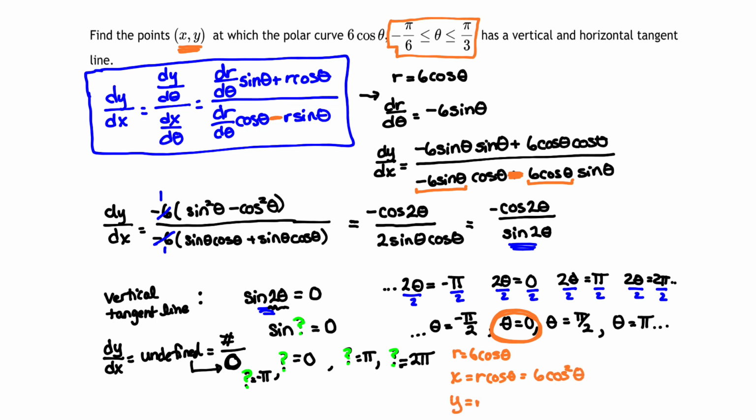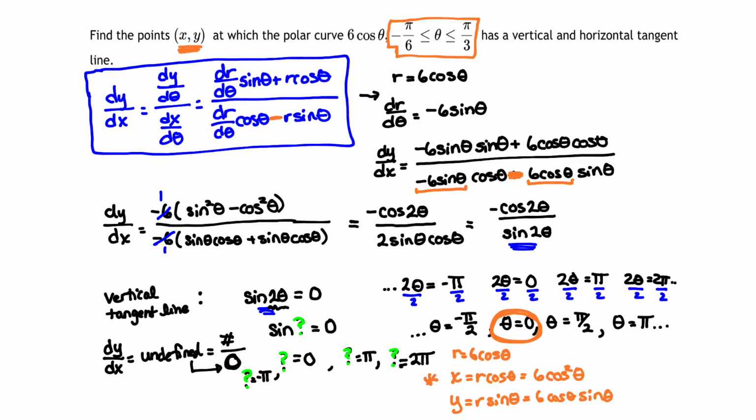And y is r sine theta. Those are definitions, which is just 6 cos theta sine theta. Phew. Okay, so we have a vertical tangent line at theta equals 0. And when theta equals 0, r equals 6 cos theta, and correspondingly, x is 6 cos squared theta, y is 6 cos theta sine theta.